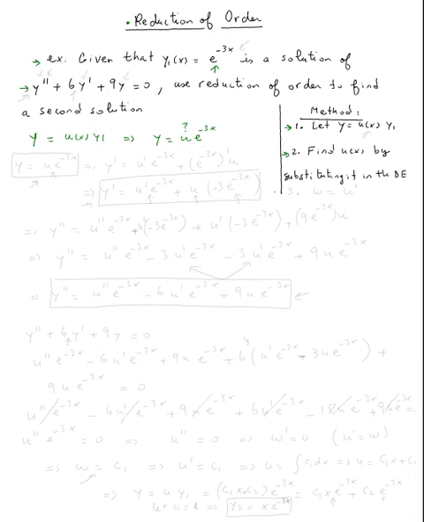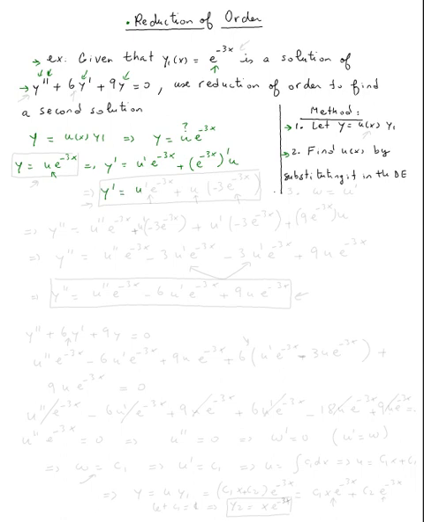So how do we substitute it into the DE? We need, of course, the first derivative and then the second derivative, and we plug the y in there. So y is equal to u e to the negative 3x, which means the first derivative would be, we need to use the product rule because remember u is a function of x. So the derivative of u times e to the negative 3x plus the derivative of e to the negative 3x times u.